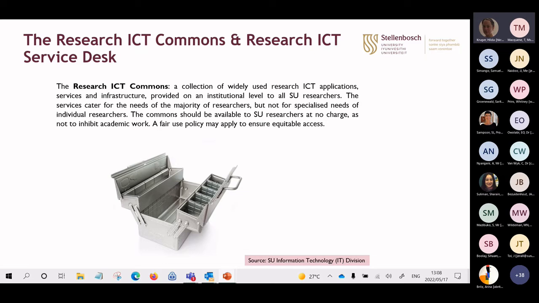The idea is not that the Research ICT Commons will meet the requirements of highly specialized use cases, but the Commons should at least meet the basic requirements of the majority of our researchers. In addition, the Commons should be offered to our researchers for free or at very limited cost.